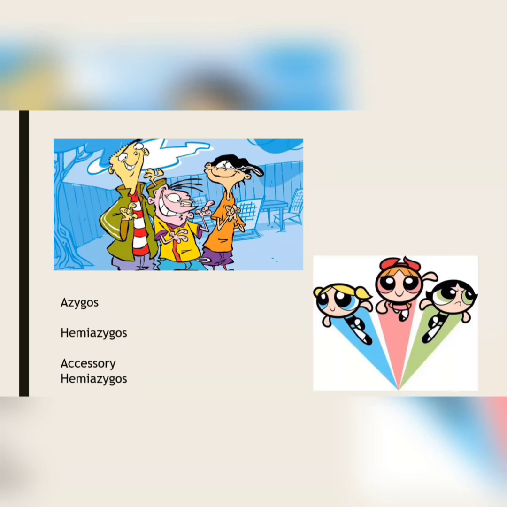Then the other two have similar names, which are the hemiazygos vein and accessory hemiazygos vein. So I want you to remember these three names. The azygos vein is towards the right side of the posterior mediastinum, whereas hemiazygos and accessory hemiazygos are towards the left side.